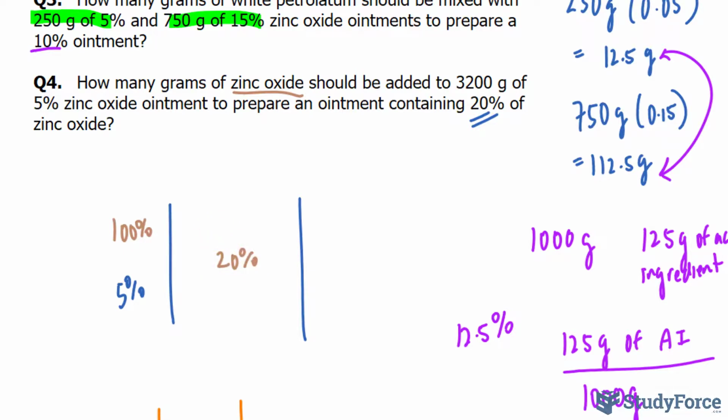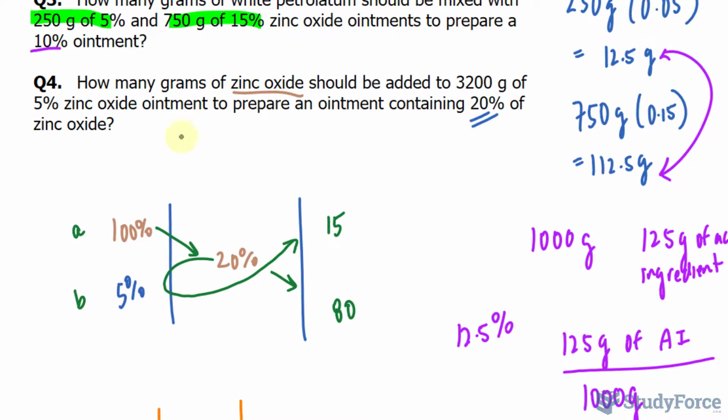So to find the amount of parts of A and the amount of parts of B, we do 100 minus 20, which makes 80 parts. 80 parts of the 5%. And 20 minus 5 makes 15. 15 parts of the pure zinc oxide.